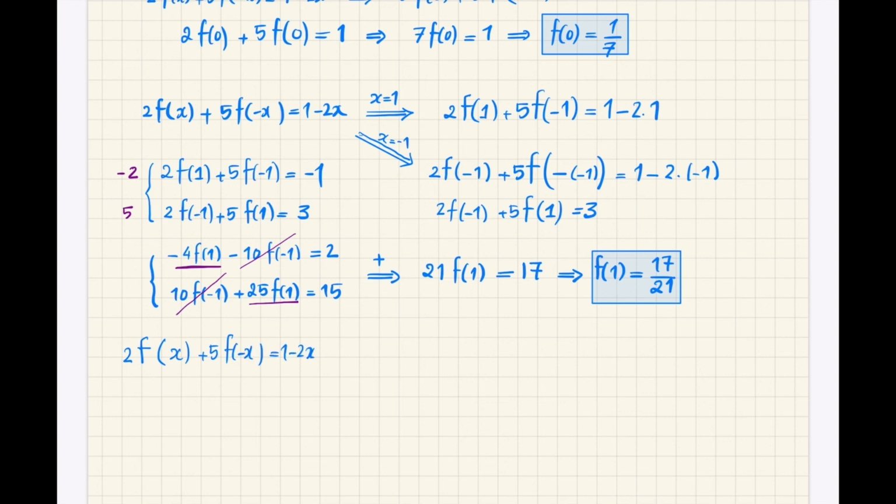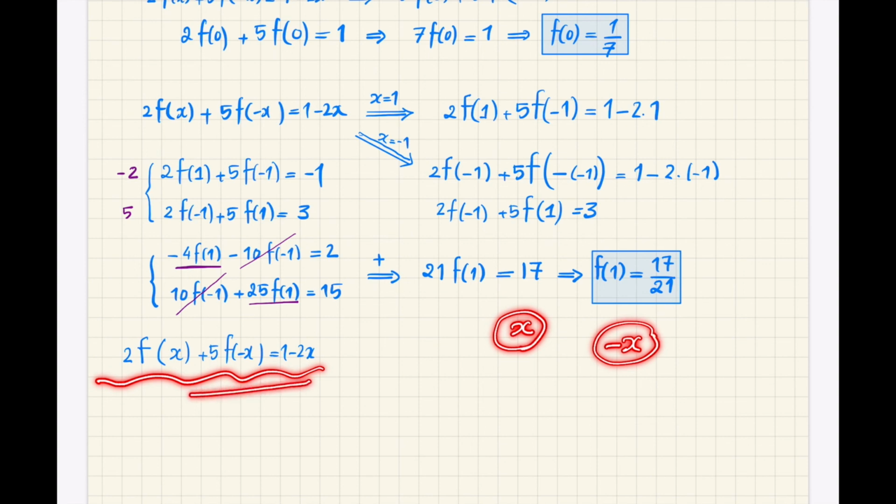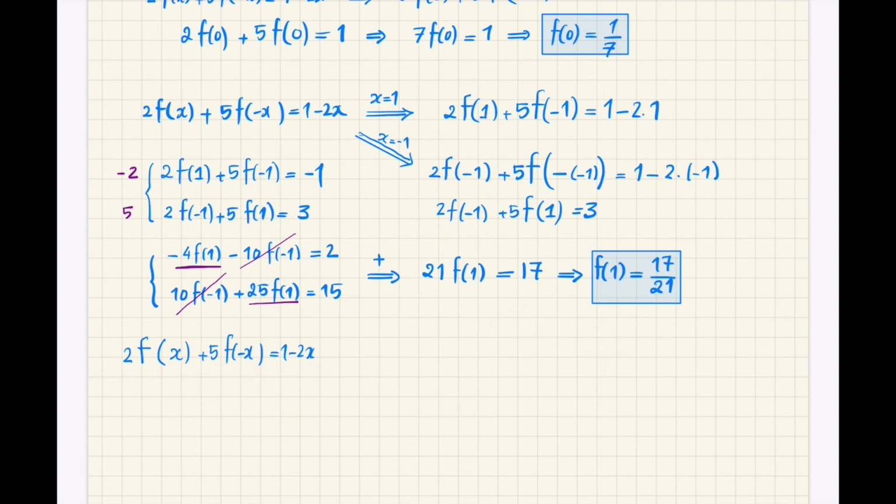If this is valid for all possible choices of x, it means that this is also valid if I replace x with minus x. Because if x is a real number, and this is valid for that, minus x is also another real number, but it is mentioned that this is valid for all real numbers, including negative x itself.